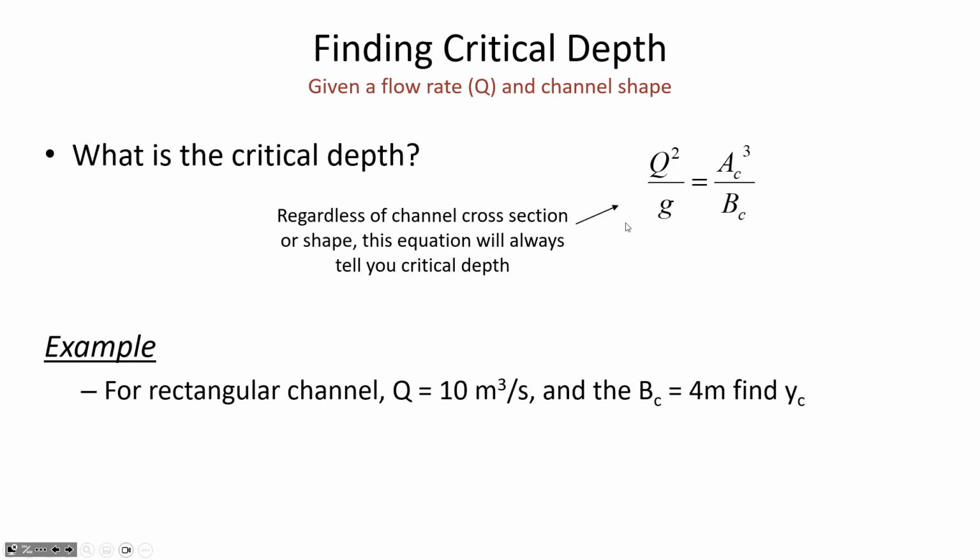And so area is 4 times the critical depth. And then we have to cube that. And then B sub c is 4 meters. So we can find the critical depth here. 10 squared is 100, divided by 9.81 times 4. That's equal to 40.7747, which is equal to 64 y_c cubed, since 4 to the third is 64.